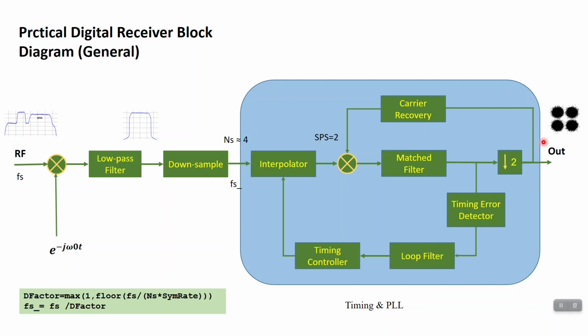You can also see the output appears like this. After a transition time, the demodulator output will be something like that, which shows symbol synchronization and PLL work perfectly.